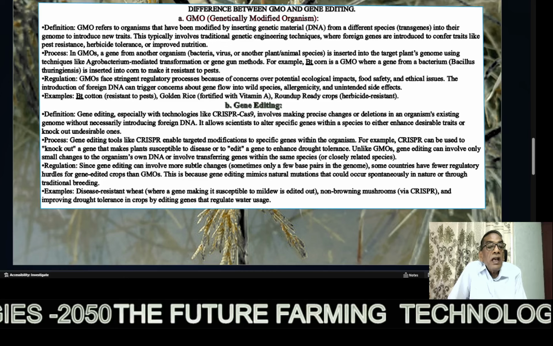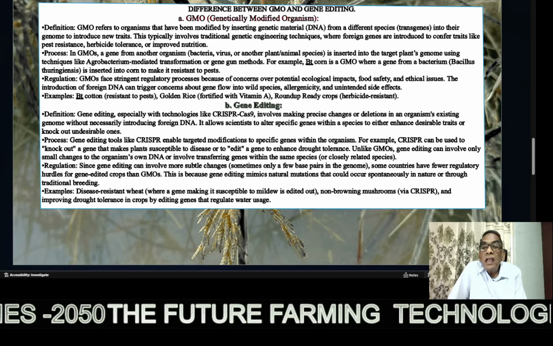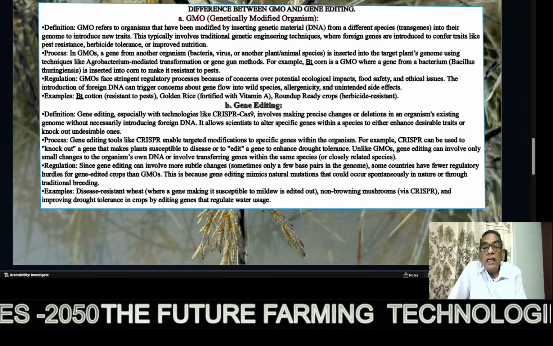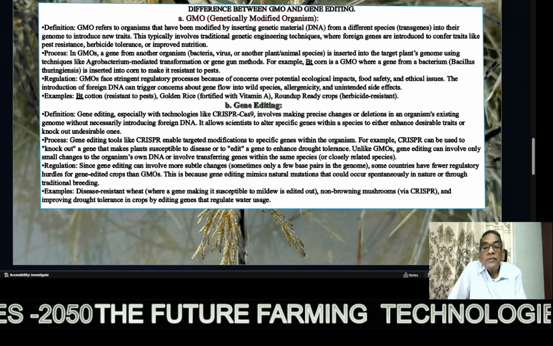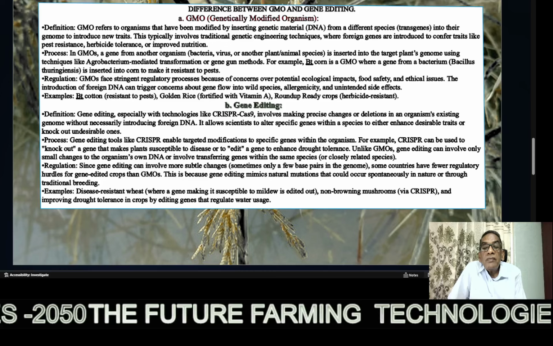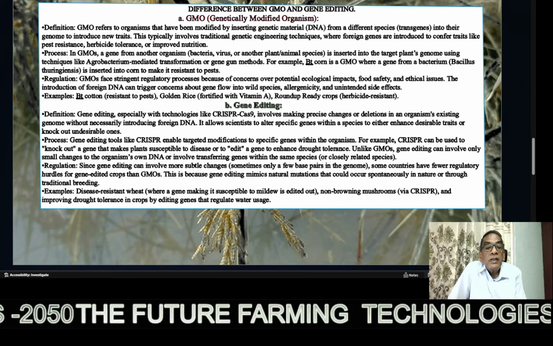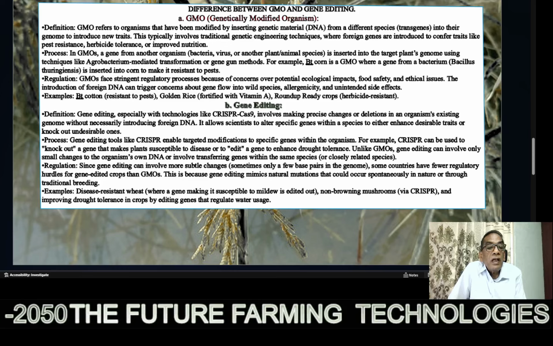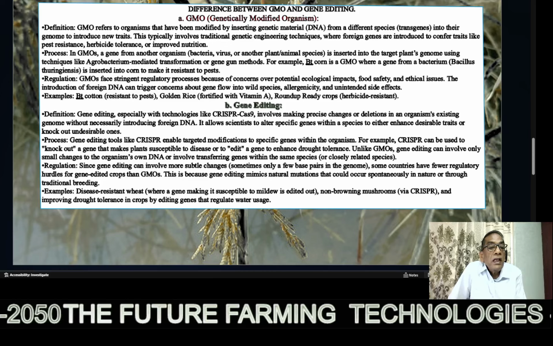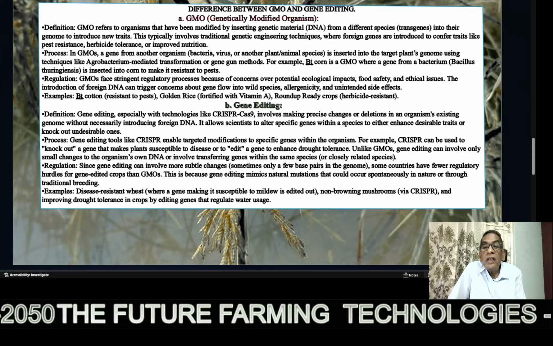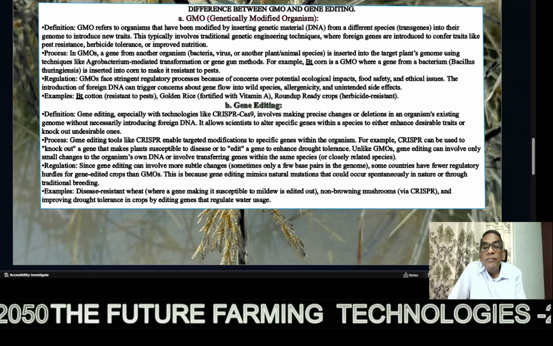some countries have fewer regulatory hurdles for gene-edited crops than for GMO crops. This is because gene editing mimics natural mutations that could occur spontaneously in nature or through traditional breeding.